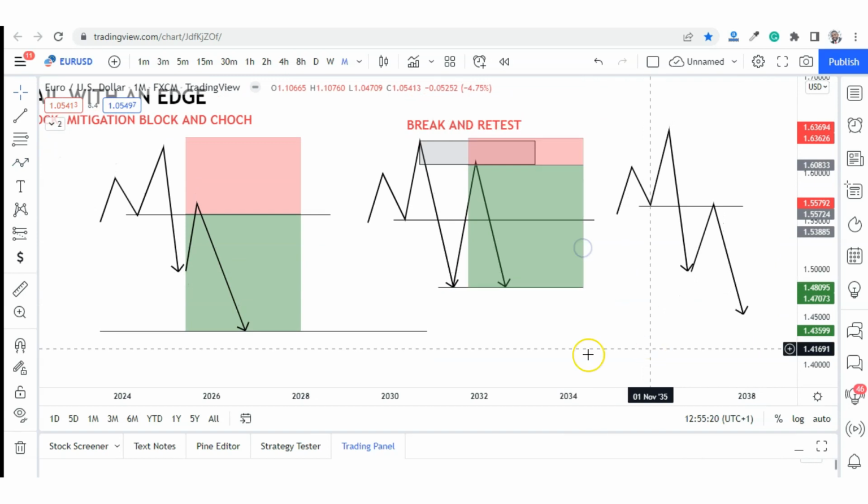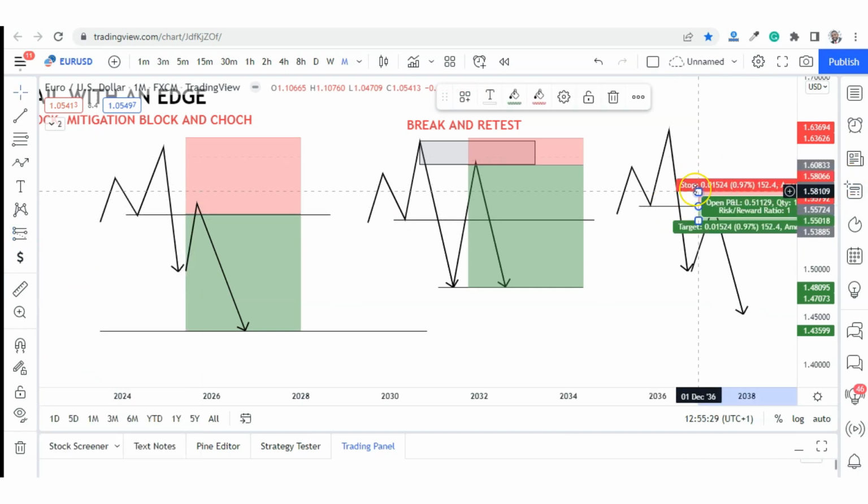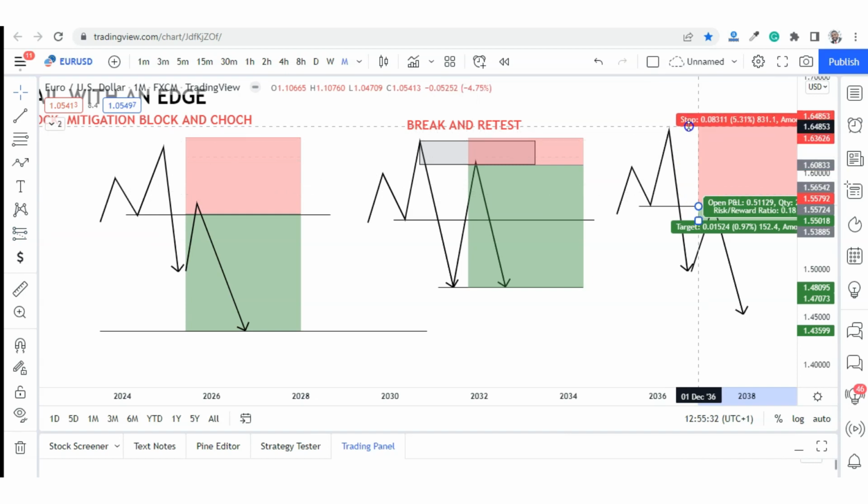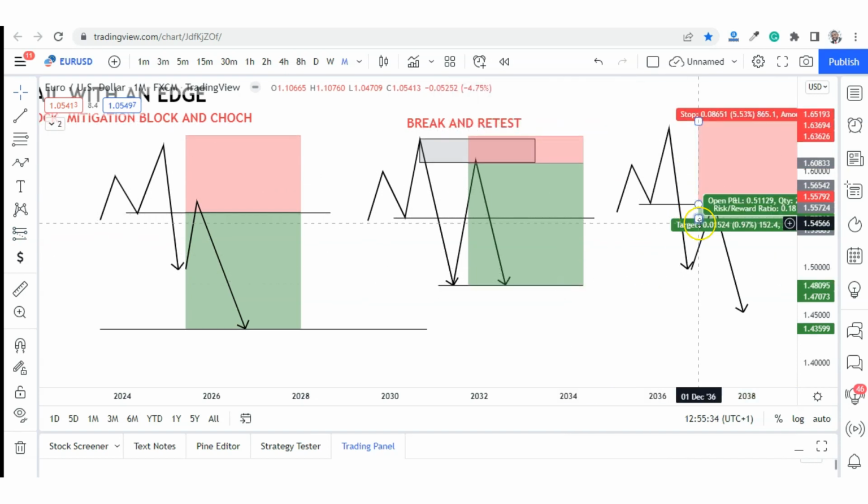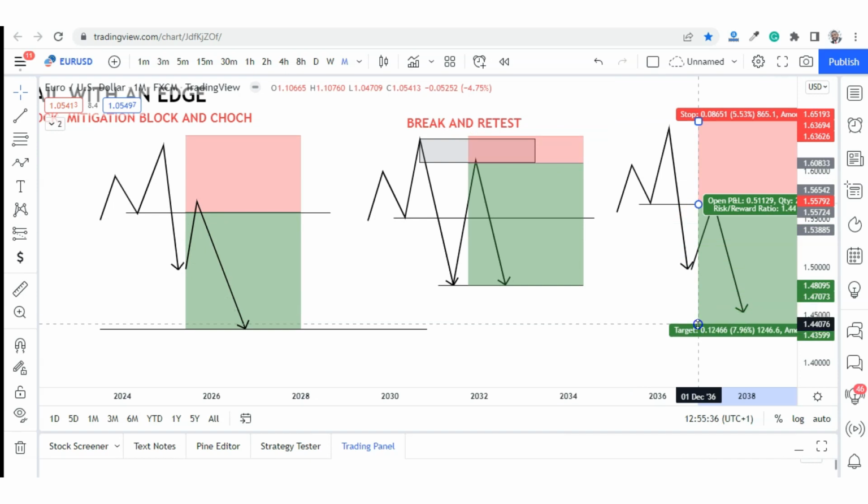Now the smart ones among them will always put their stop loss at the point of invalidation. You place your stop loss at the point of invalidation, and then price trades lower.